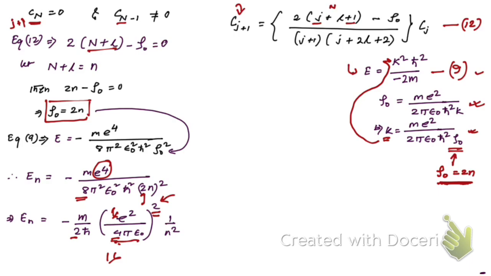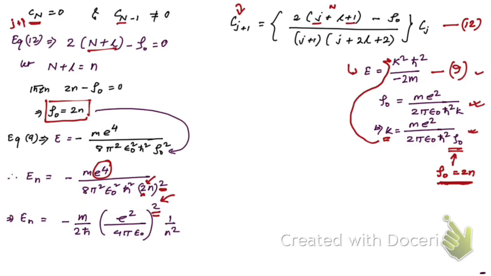I have taken 4 square is 16, and here we have 2 square, and 4 is 32, and here also you will get 2 and 16, that's going to be 32, and here n square. I hope you have understood this simplification. This is very simple; being a student of graduation level, BSc level, you must understand this kind of thing, so I don't think I need to explain it.